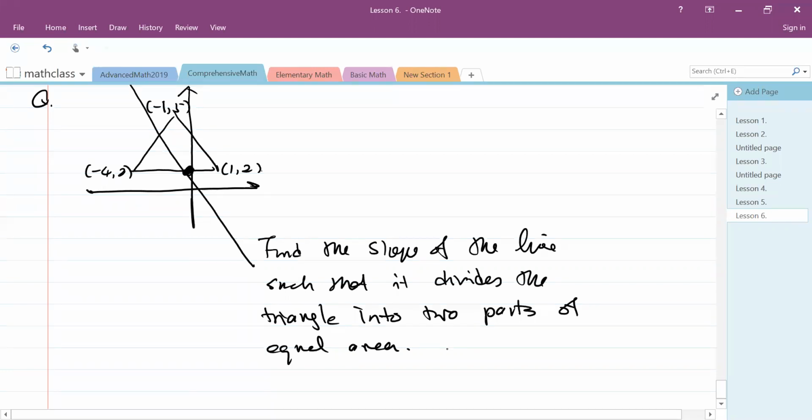So the area of the triangle here is going to be half times 5 times 3. So 15 over 2. So the equal parts of area will be 15 over 4, right? Divided by 2.